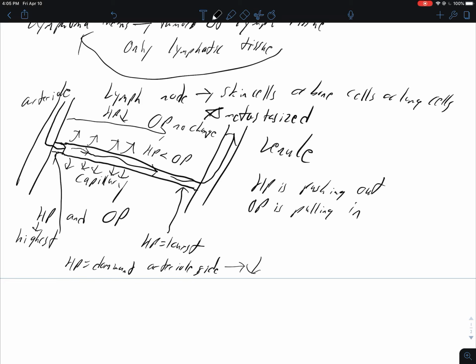But that would imply that osmotic pressure changes. Osmotic pressure doesn't change. It's just that hydrostatic pressure goes lower than osmotic pressure. So osmotic pressure is dominant on the venule side, and at that point, fluid can come back in.